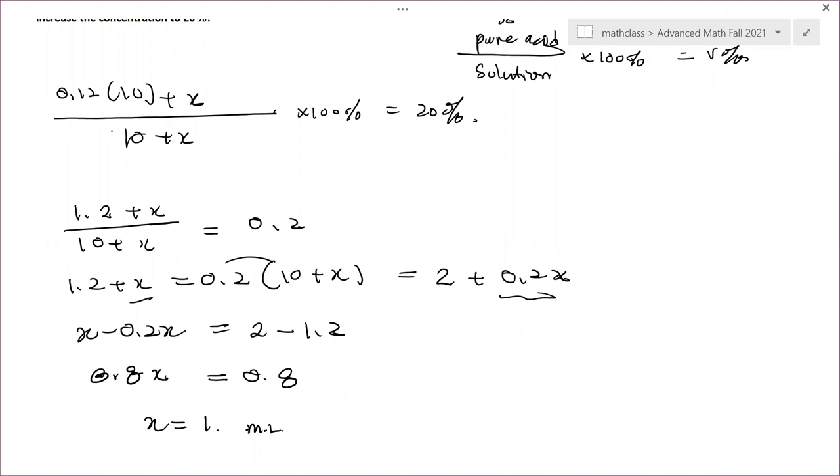Clear, right? You need to set up the equation based on the concentration, the percentage.